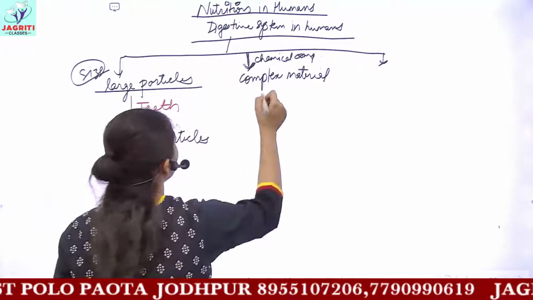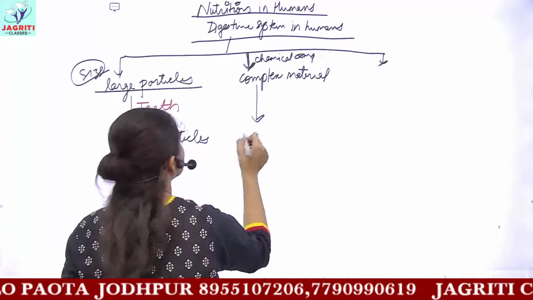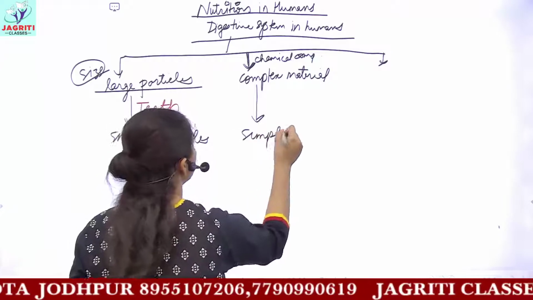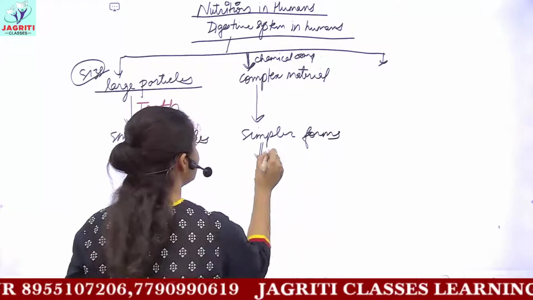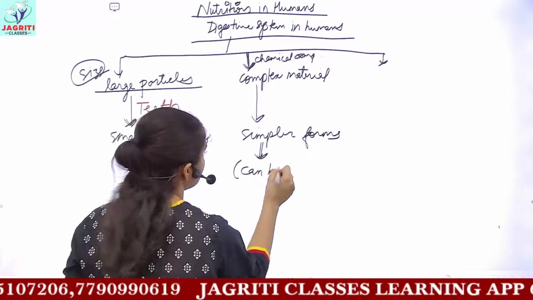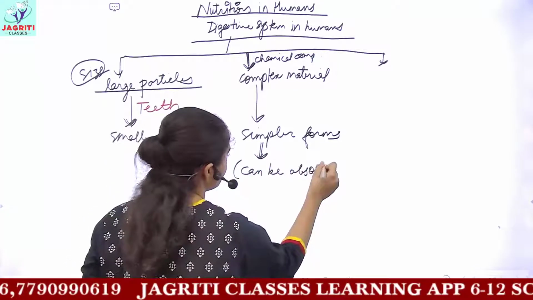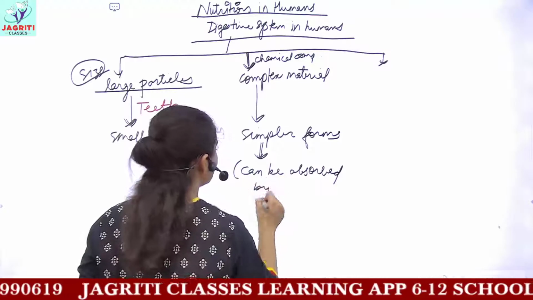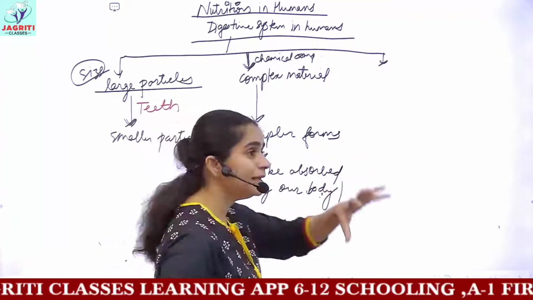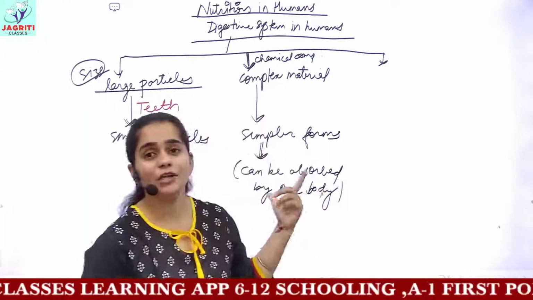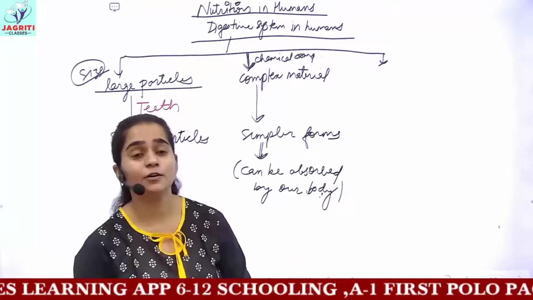So we need to break down these complex materials into simpler forms. Why do we need simpler forms? Because these simpler forms can be absorbed easily by our body. And when these simpler forms are absorbed by our body, then only can we get energy from the food.